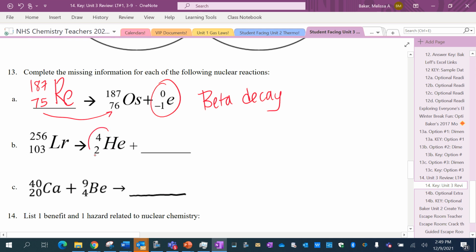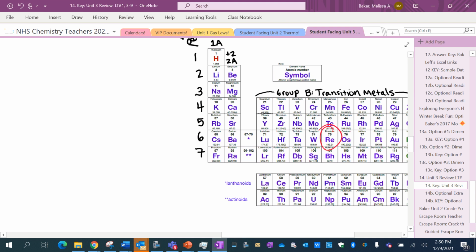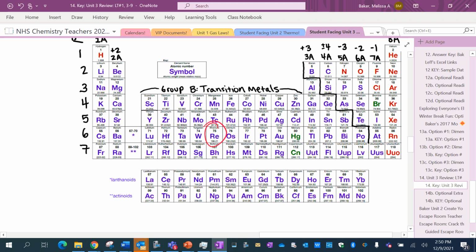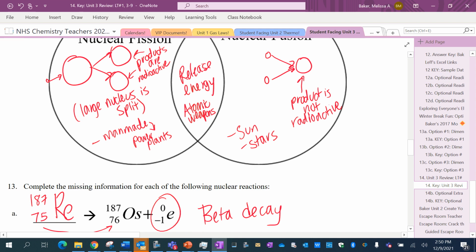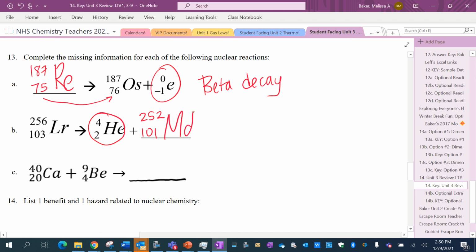This next one I'm recognizing as an alpha decay. So it's going to lose a mass of 4, and it's going to lose 2 protons, 103 minus 2. And 101 is Md. And a lithium.